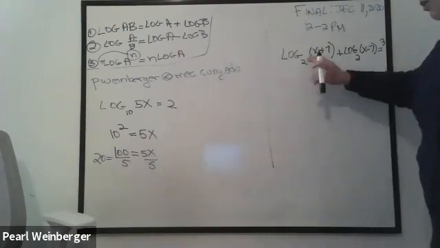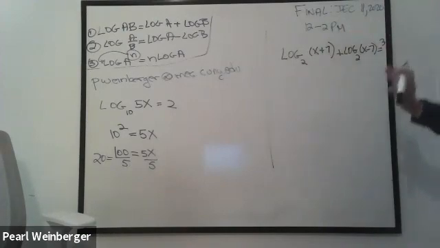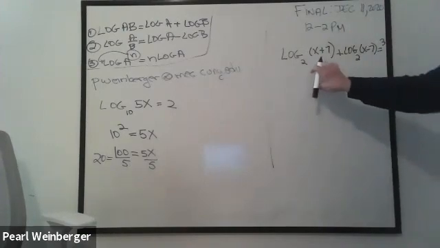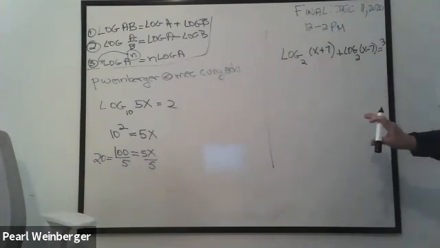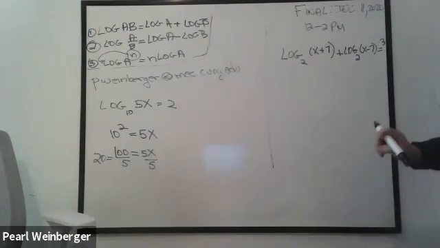It again is an equation where I have a log on one side and a number on the other side. Except in this particular example, I have more than one log on the side. I have 2 logs on the left side of this equation.